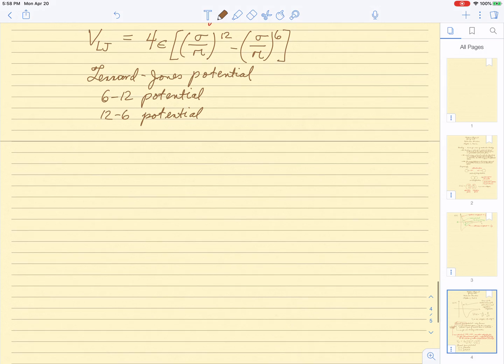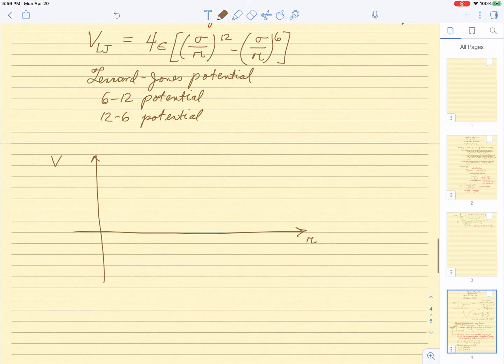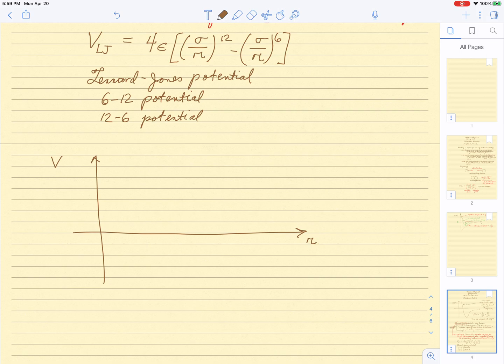So anyway, if you were to plot this out, again, this is interparticle distance. This is V. And what happens more often than not is sometimes these are written in what are called dimensionless forms. And so I'm going to write this as R over sigma, and I'm going to write this as V over epsilon.